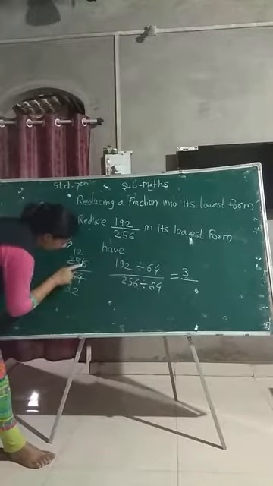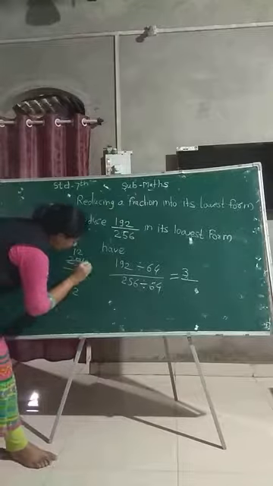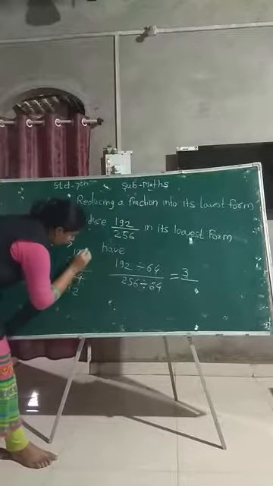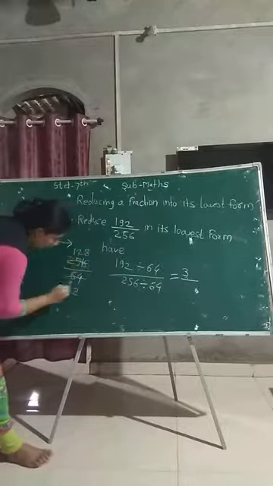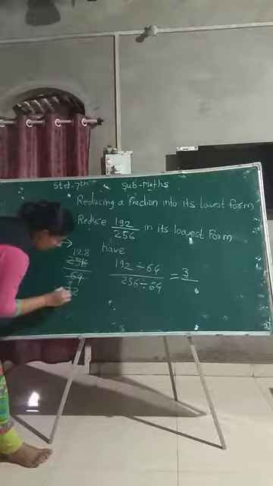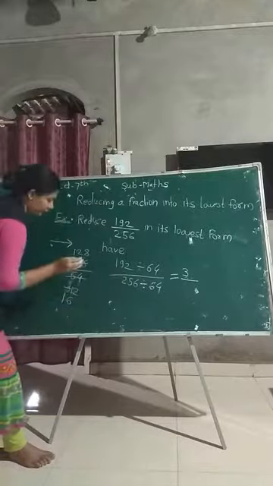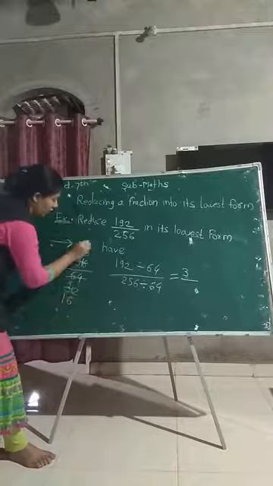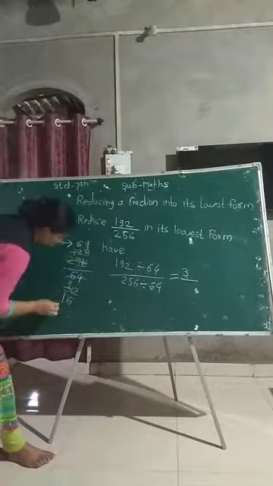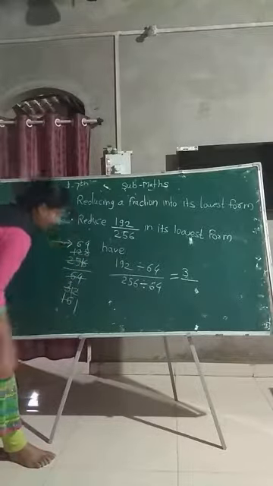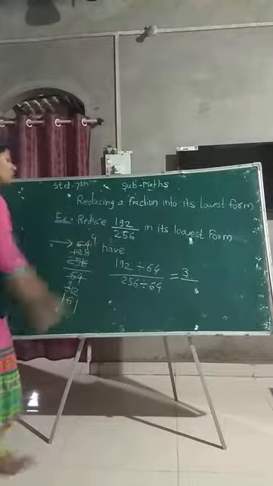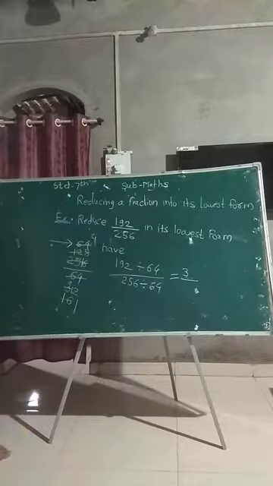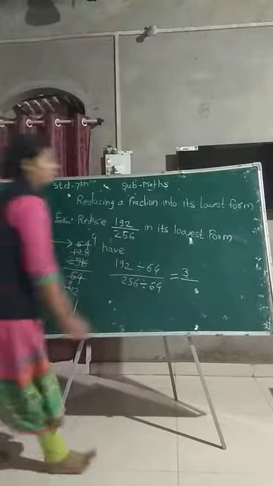So here is number 16. 2 8s are 16. Now 2 1s are 2. 1 is remaining. 2 6s are 12. 2 6s are 12. 2 4s are 8. 16 1s are 16. 16 4s are 64. So we get here 4.